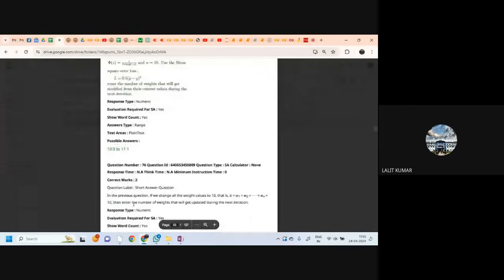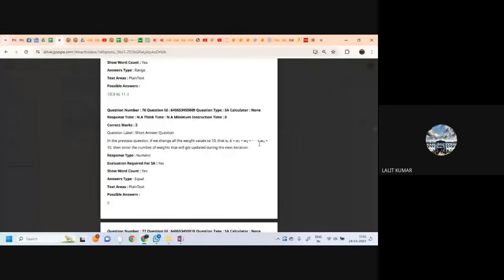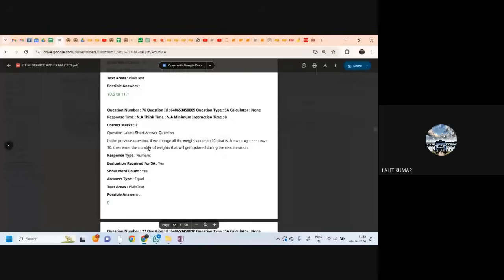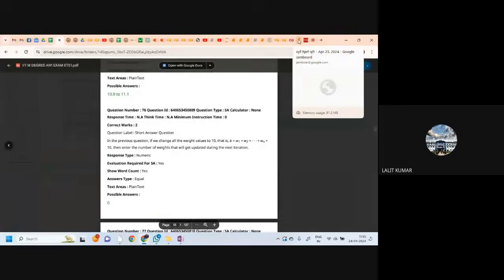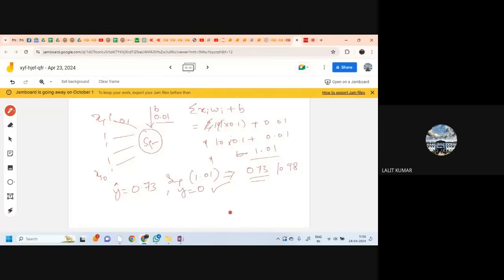In the previous question, if we change all the weight values to 10, that is B is equal to W1 is equal to 10, then enter the number of weights that will get updated during the next iteration. So what will happen if we make this 10?